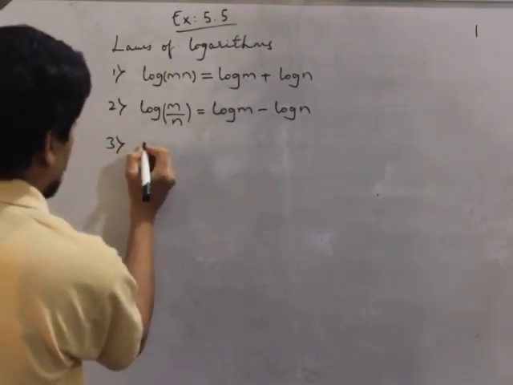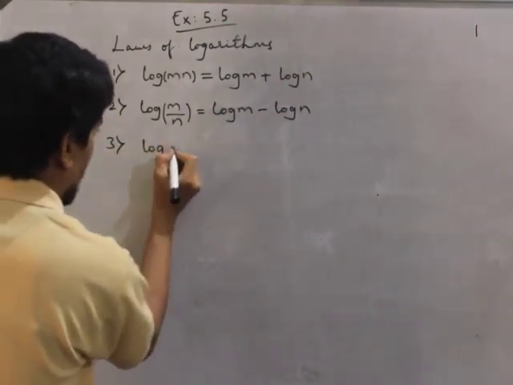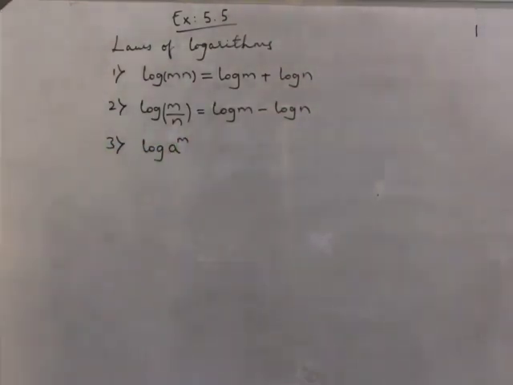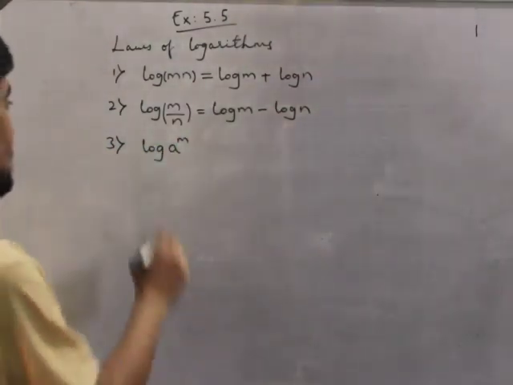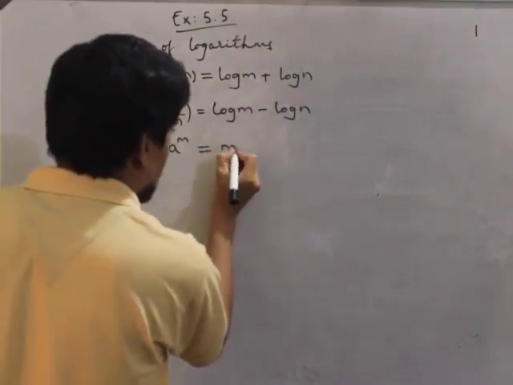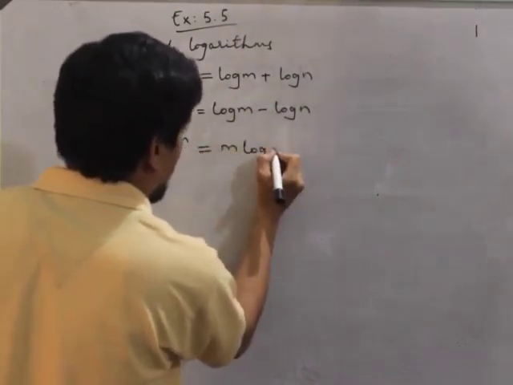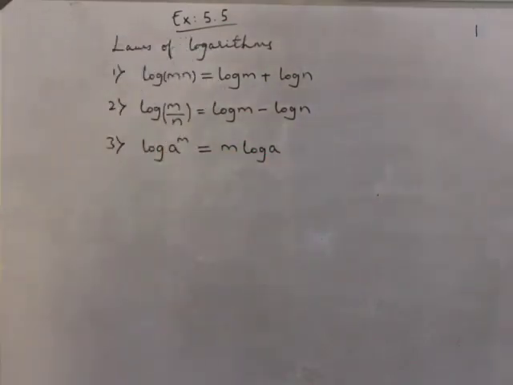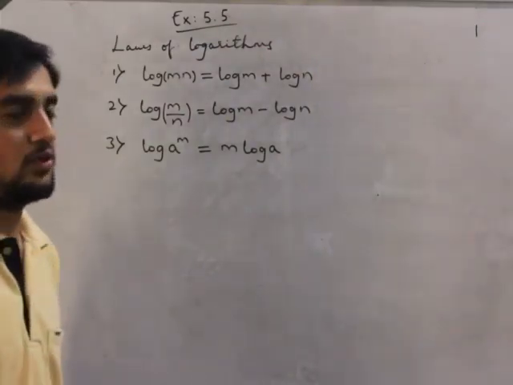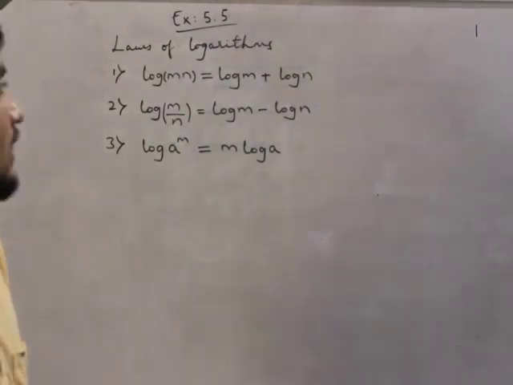Say if I have log of a to the power of m, log of a to the power of m can be written as m into log a. So these are the three basic logarithmic laws which you need to apply in this exercise.